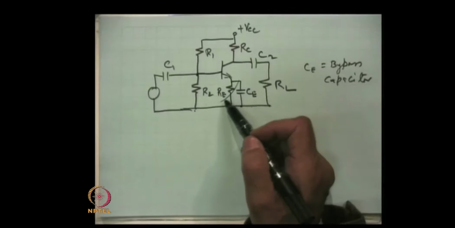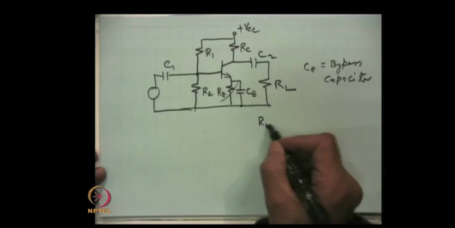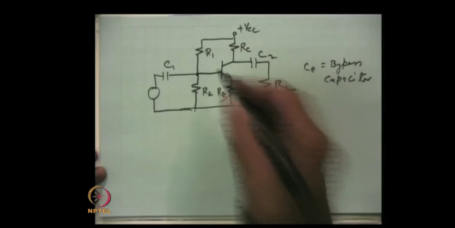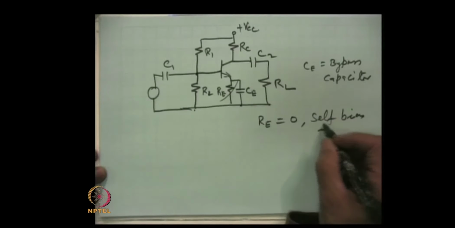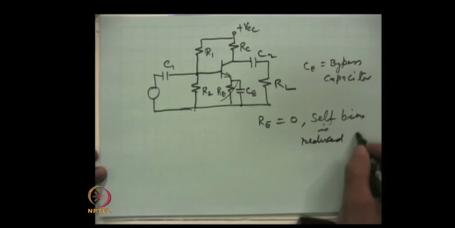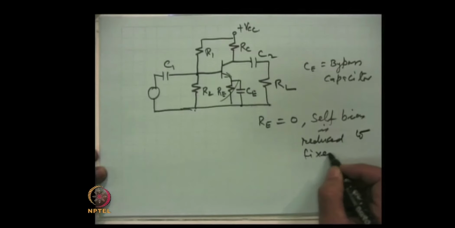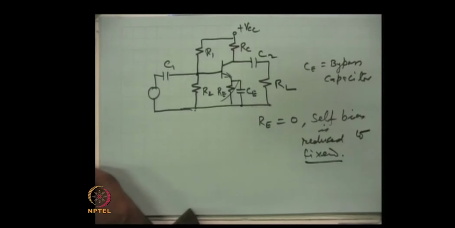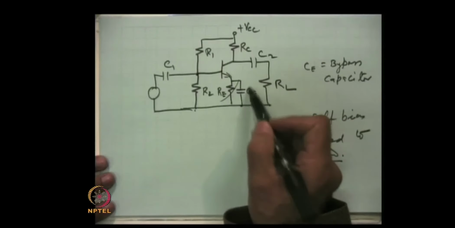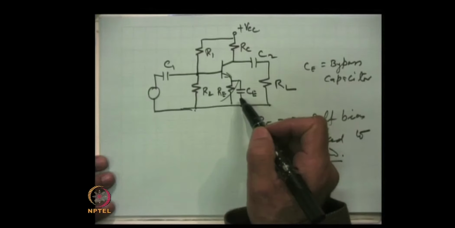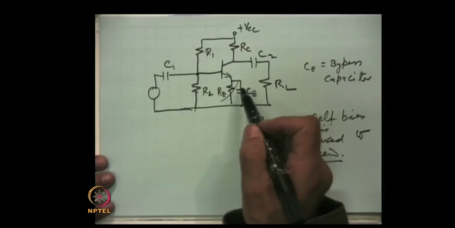If we remove Re, if Re is made 0, then the self bias is reduced to fixed bias, which is never to be used. Here the operating point will shift significantly, and that may result in a distorted output. So as far as DC is concerned, it will not see this capacitor, because DC will be blocked by it.